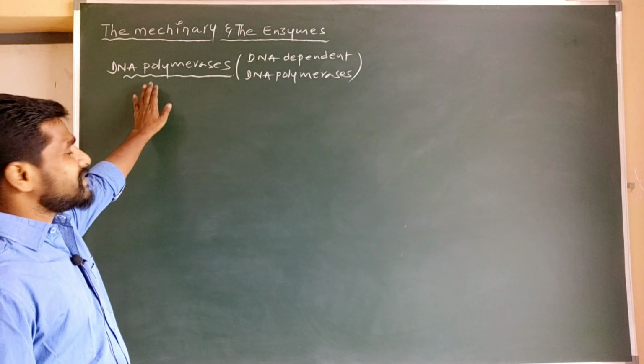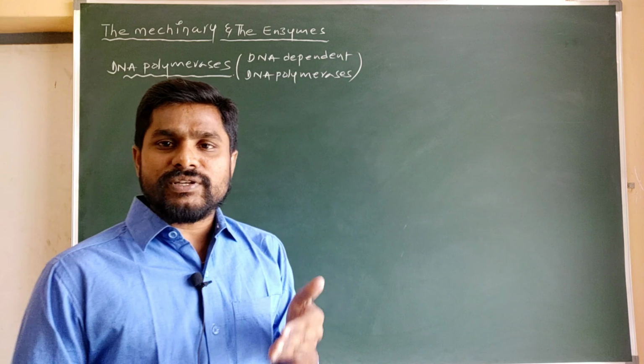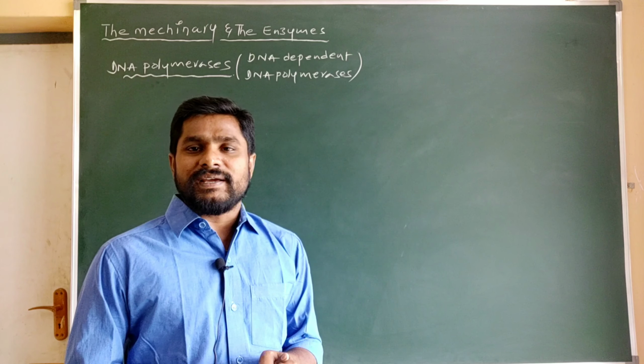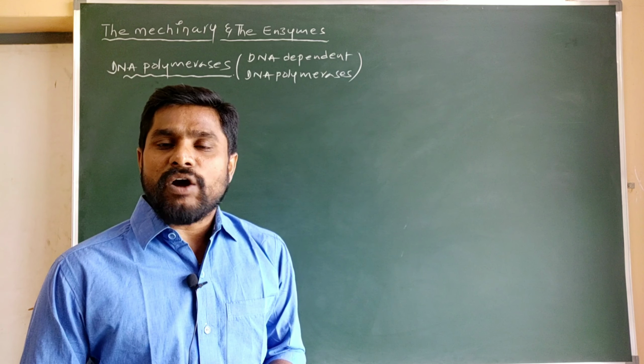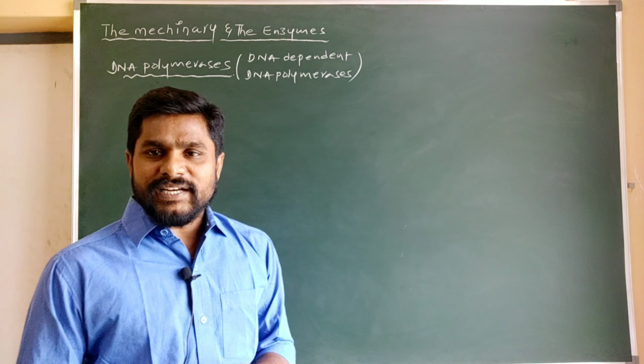These DNA polymerases are otherwise called DNA dependent DNA polymerases because they are involved in the synthesis of a new DNA strand based on the sequence of nucleotides present on a parental template DNA by polymerizing deoxyribonucleoside monophosphates. Let us see that.